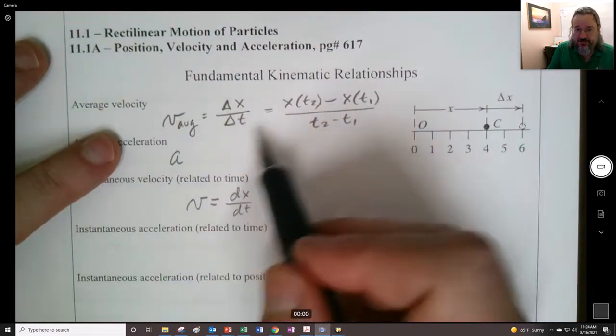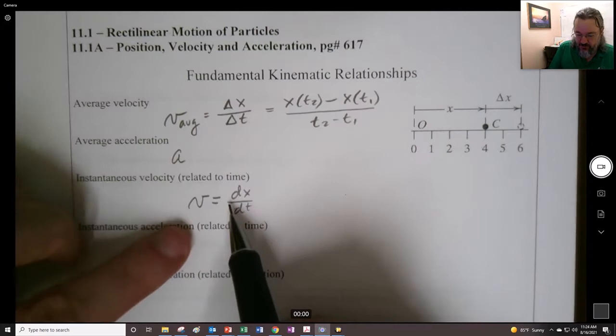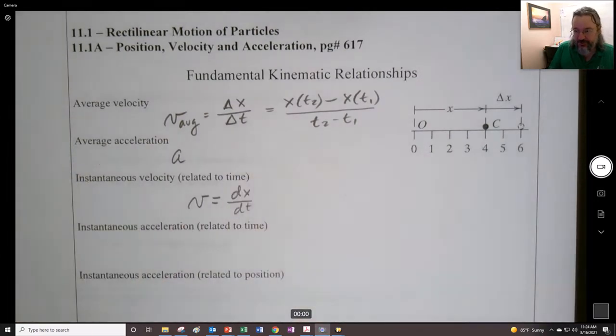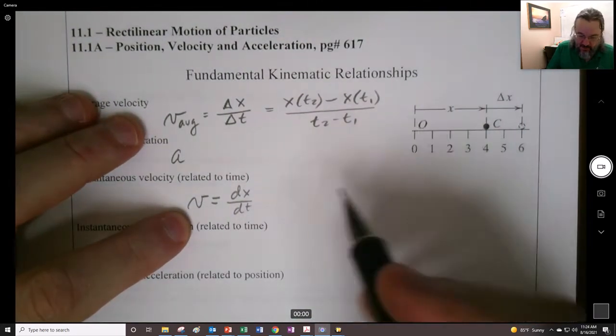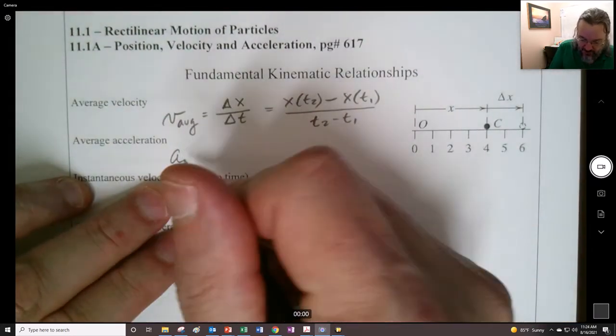So here is just what average happens over here. But if you take a look at your speedometer, you're actually making these increments very small: a very small time increment, a very small distance increment, and you can tell what this is going to be. Now for the acceleration, you could do the same thing.